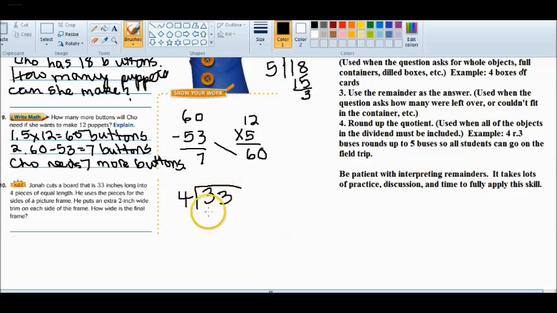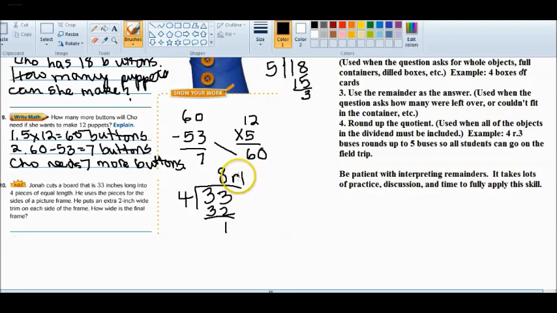What is the multiple of 4 that is closest to 33 without going over? That is 32, because 4 times 8 is 32. That leaves us 1 inch, as 33 minus 32 is 1. We have a remainder of 1, but we can report that as a fraction.